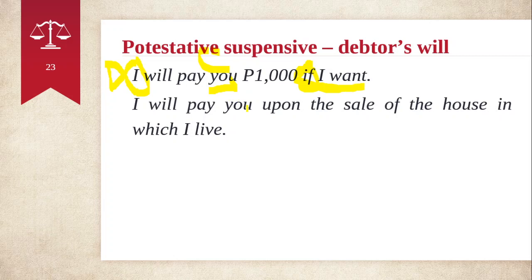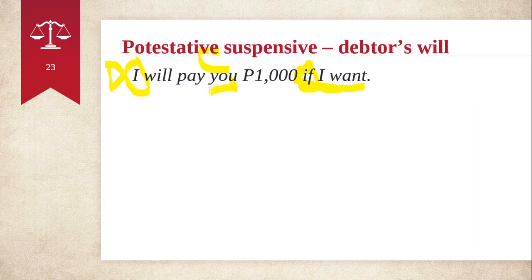So, ibig sabihin, sa akin nakasalalay ang fulfillment ng condition. And ako yung debtor. So, pwede hindi na lang ako magbayad, kung ayaw ko magbayad. Therefore, I won't pay you because I don't want to. Okay? So, ma'am, di man na pwede. Yes, kaya nga tinawag nilang void.